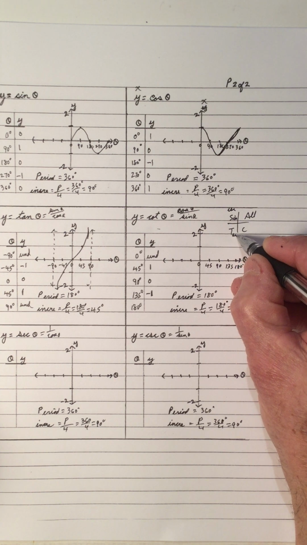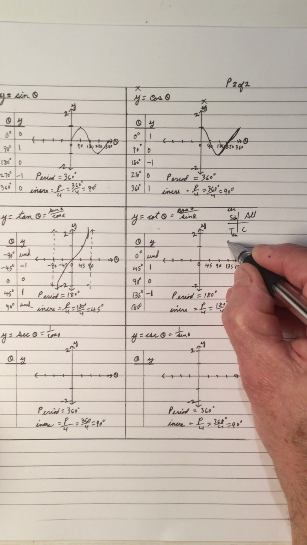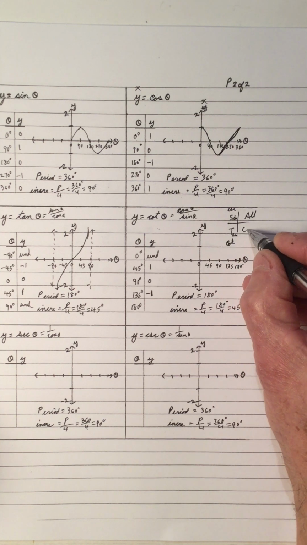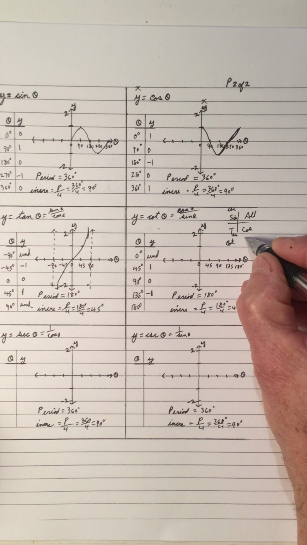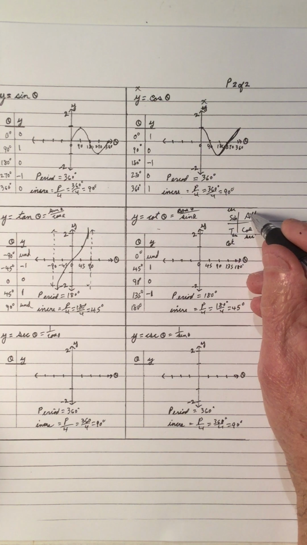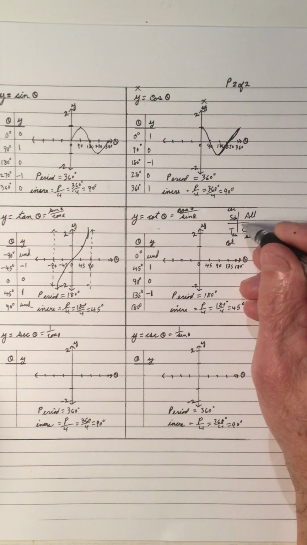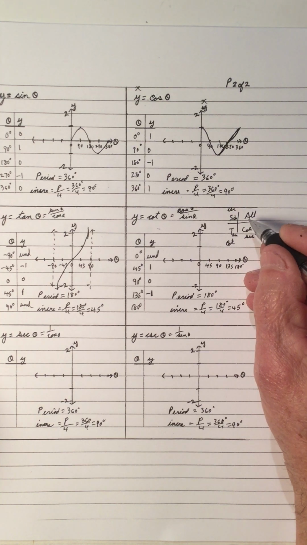Tan is positive in quadrant 3, and so is cot. Cos is positive in 4, and so is secant. So this is add sugar to coffee. That's the way I do it. It makes it easier to learn because it starts in the first quadrant.